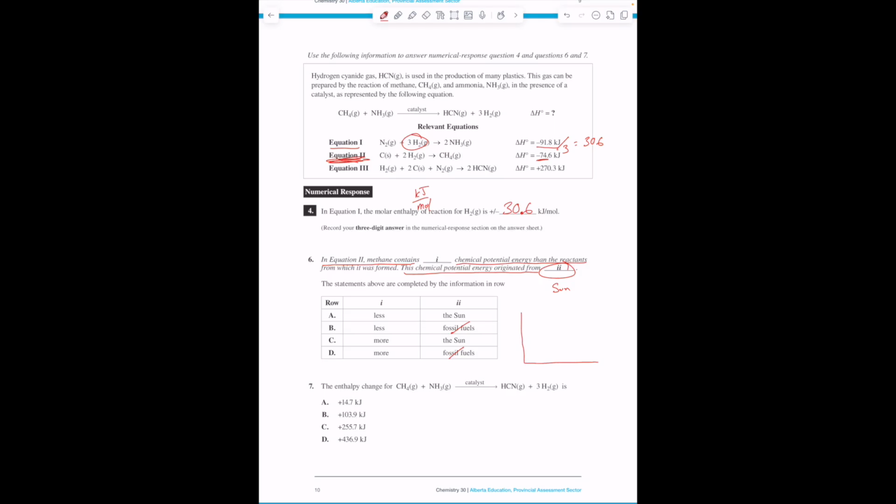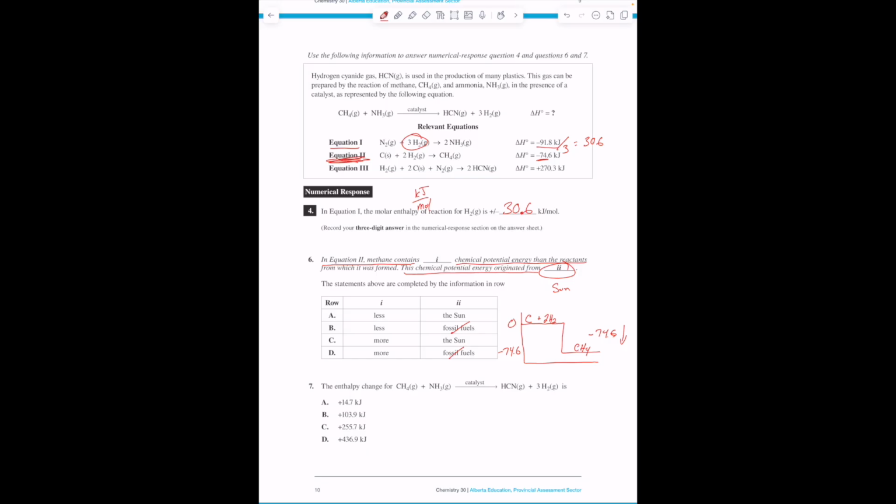This is like the last question. I'm in the middle of a diploma, I'm stressed out, easy to make mistakes. But we know that it's going down because it's a negative 74.6, so the graph has to go down. And I know that here are my reactants, C and 2 H2s, and this is CH4. And I even know that this is 0 because these are elements. And I know this is negative 74.6.